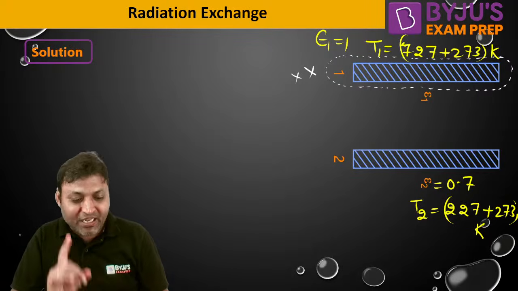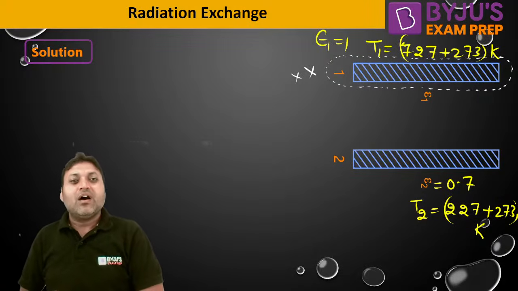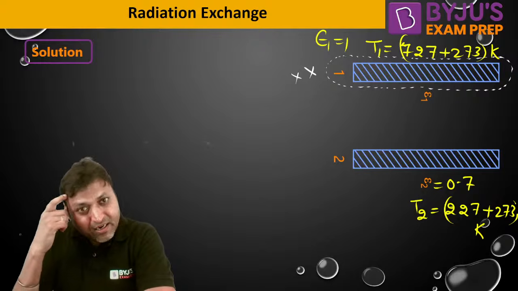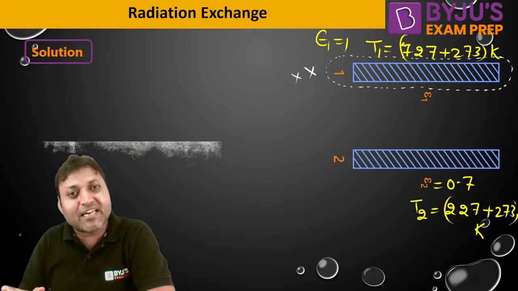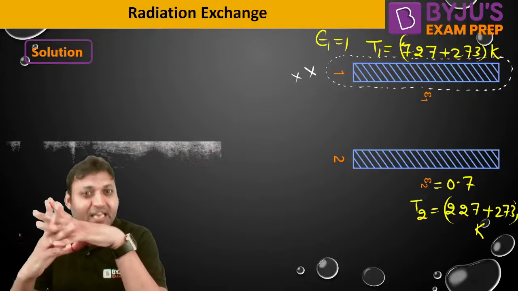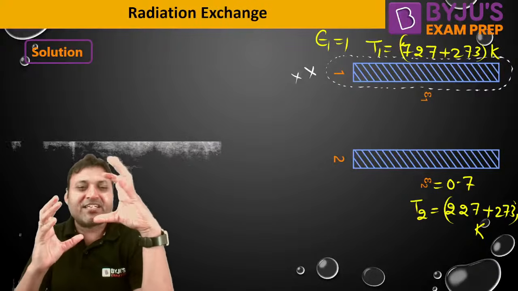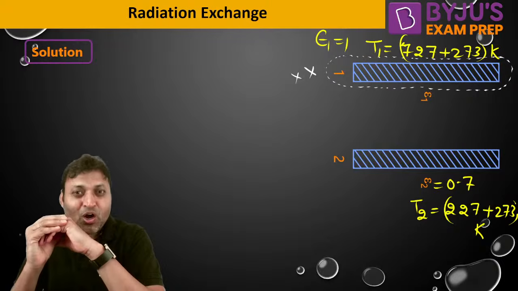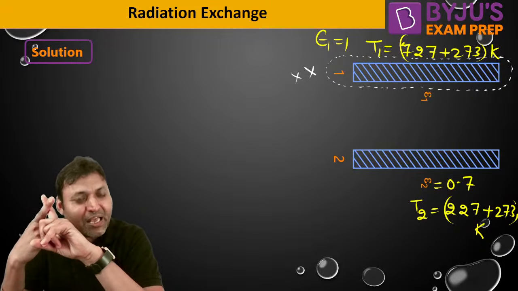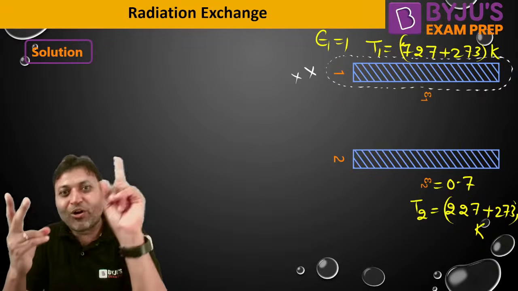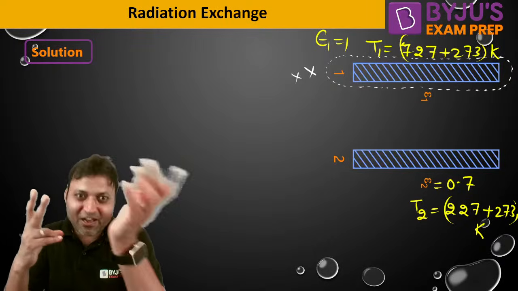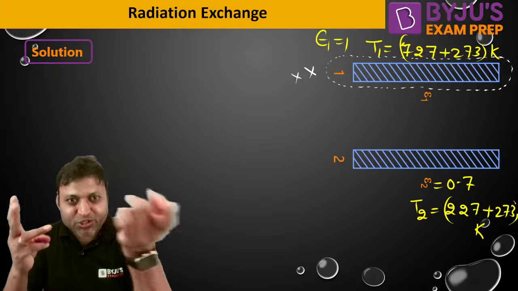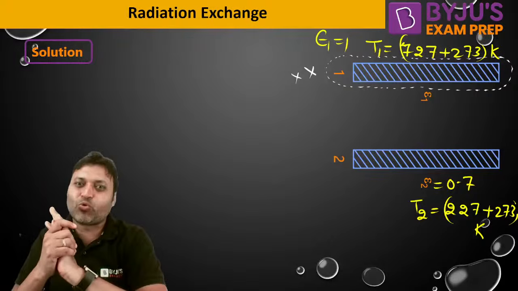As I told you, if you were part of my radiation definition class, there I told the students that irradiation for a particular surface does not depend on its surface temperature, does not depend on its surface condition like roughness and color. It does not depend on the material of that particular surface.